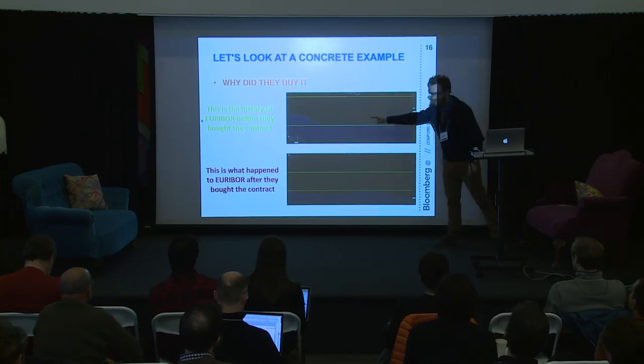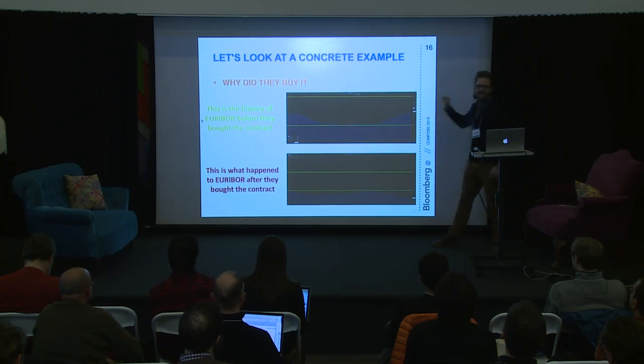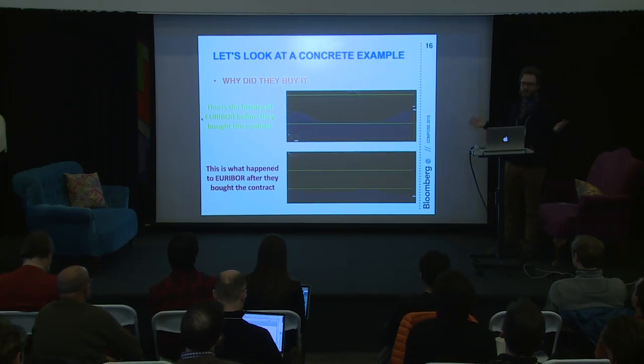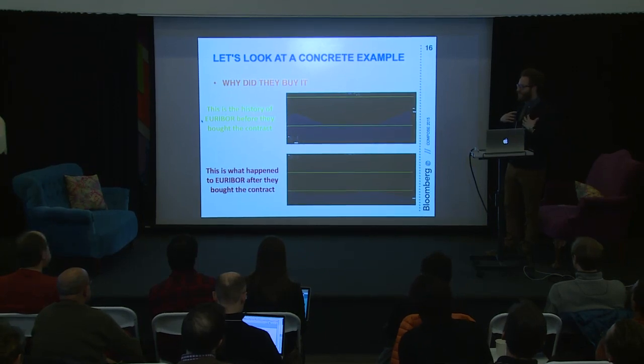Except for one tiny day, it stays between 2 and 6%. So this is what they see. Wow, it never went outside of this boundary. So this is free money. They give me a fixed rate. I give them 0 all the time.